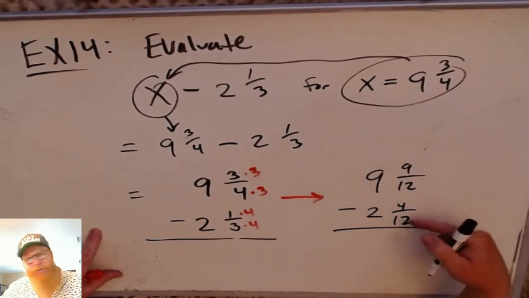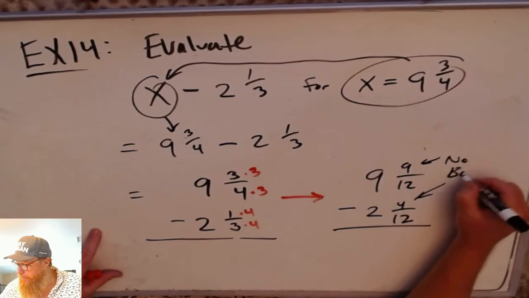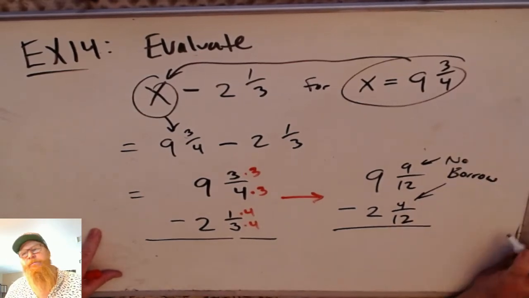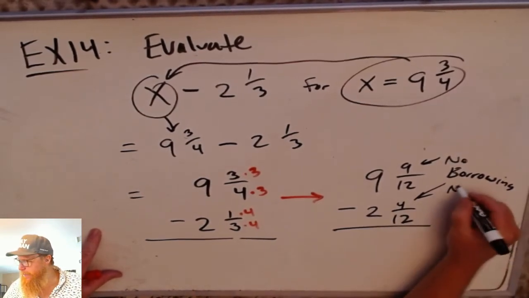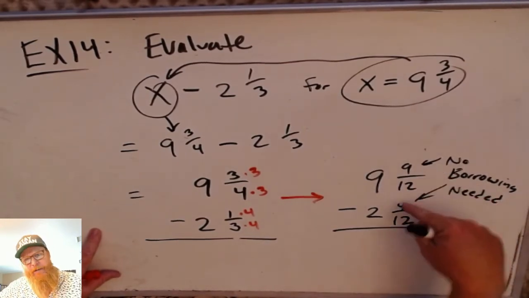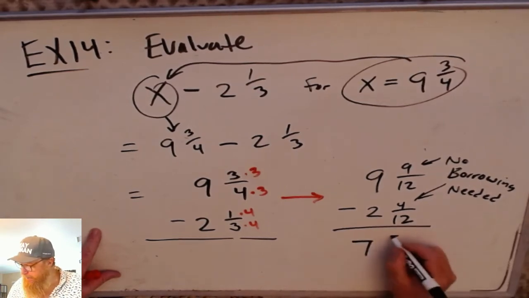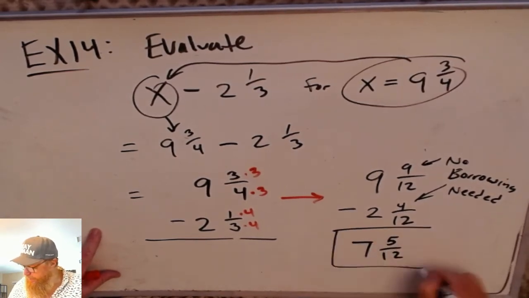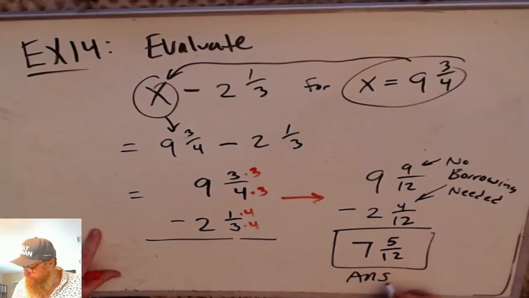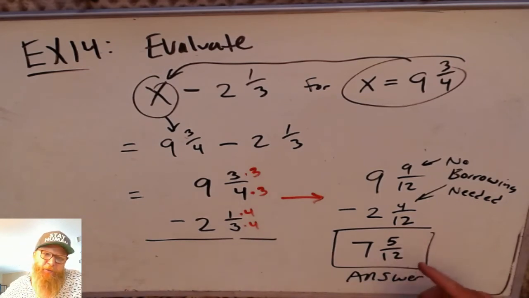Oh, I always love it when this happens. No borrowing is required. Borrowing needed? No, because the top numerator is bigger than the bottom numerator. So we're going to get 7 and 5/12. That's your answer. 5/12 is irreducible, so I can leave it.